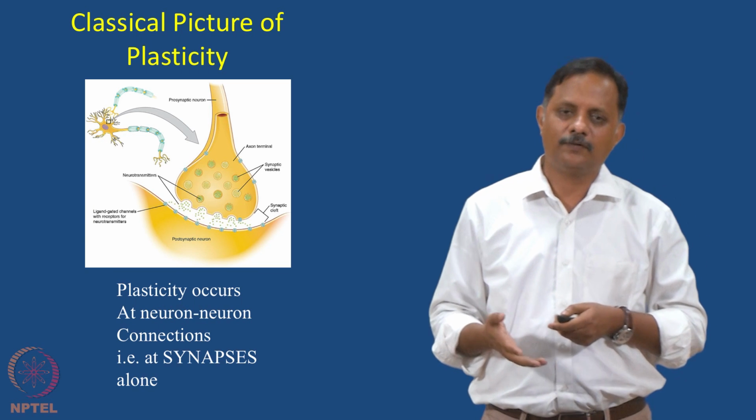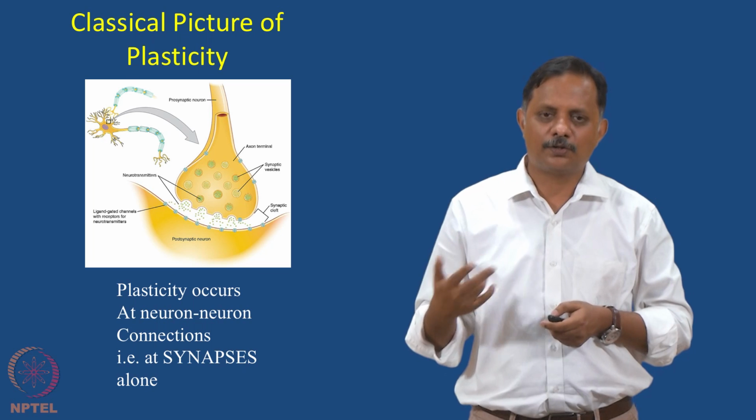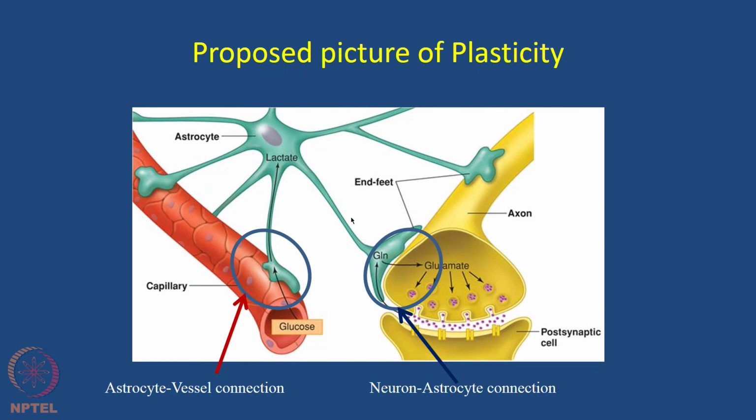But in our model, we have assumed plasticity among several other connections which are not neural connections at all. So we have proposed that there is plasticity going on at two other points. One is, as you can see in this figure, in the connection between the neurons and the astrocytes, and also in the connection between astrocytes and the blood vessels, the capillaries, there is plasticity.